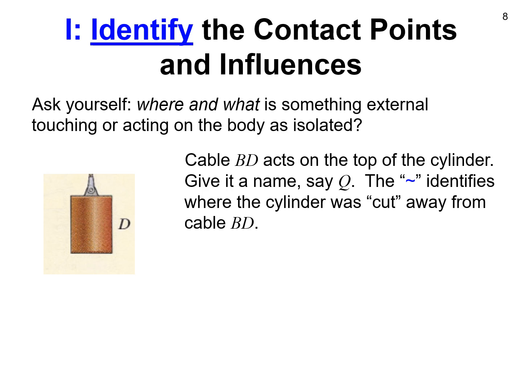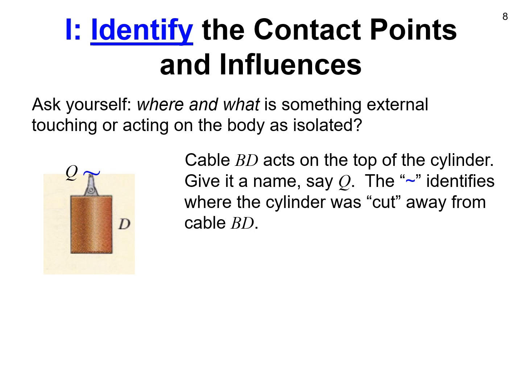Let's give that a name and a symbol. We'll call it point Q. And that blue tilde is basically a symbol to express the fact that we cut that rope at that point. And so we're identifying with both the name Q and that symbol, we somehow cut away the cylinder from the cable BD.